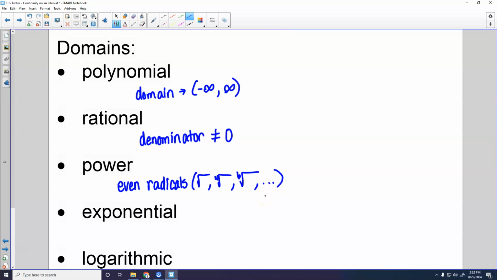If you have an even numbered radical, then what we call the radicand, it has to be greater than or equal to 0. You can't have a negative underneath the square root.